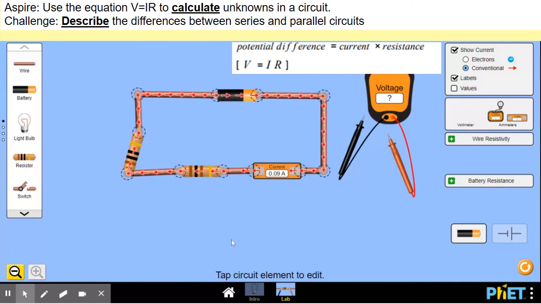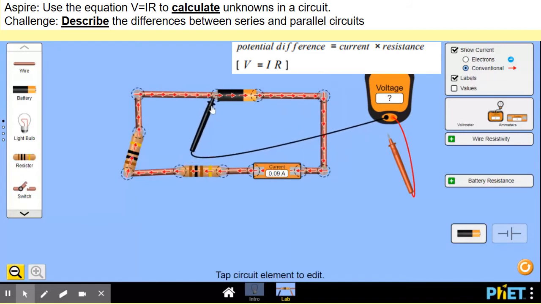So we've got two resistors in there. Let's put that across there. Across there. So we've got a potential difference of 10 volts and we've got a current of 0.09 amps.